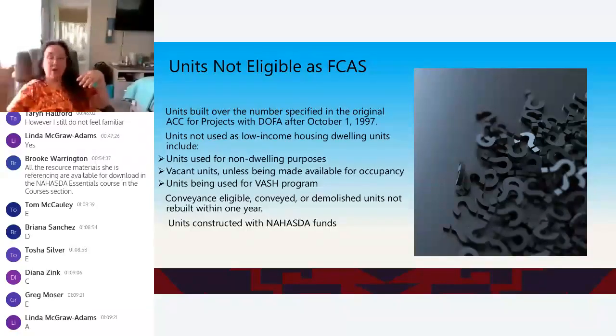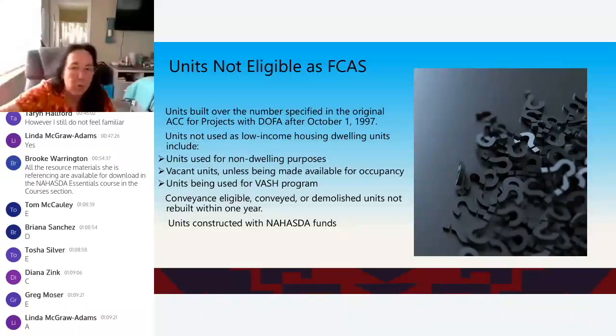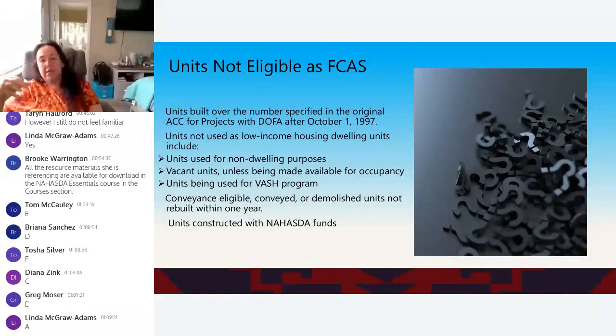I moved in and had one that was actually like a fire ambulance barn. If I had realized how important that subsidy was, I would have tried not to let something like that happen. It's not eligible if it's used for a non-dwelling purpose, unless it's a vacant unit being made available for occupancy.